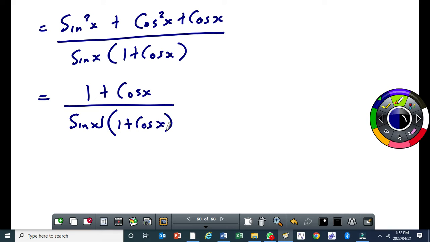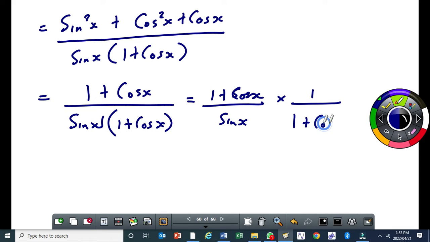If we go back to the basics, we can split this up this way. We can write it like this. I think I'll just show you. So we can write this as 1 plus cos x over sine x, right, times 1 over 1 plus cos x.